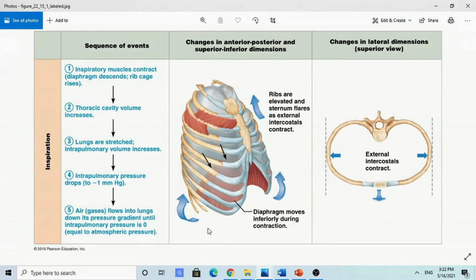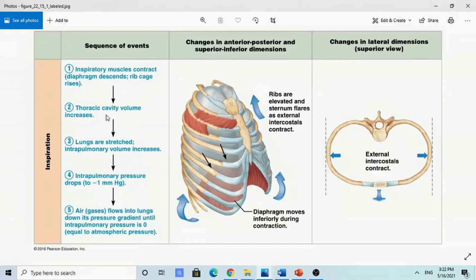So when it contracts, it flattens and moves down into the abdomen, pressing the content of the abdomen downwards. As the diaphragm moves down and the thoracic cage moves up because of the contraction of the external intercostal muscles, the volume of the thoracic cavity, in other words, the volume of the lungs, increases.